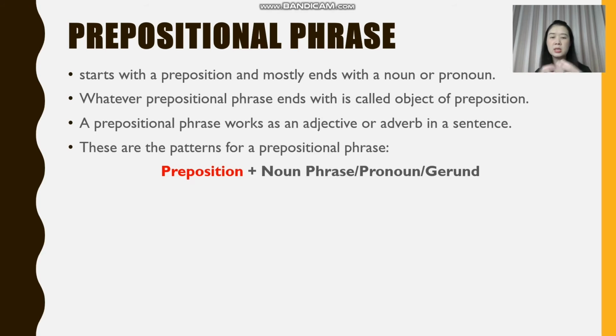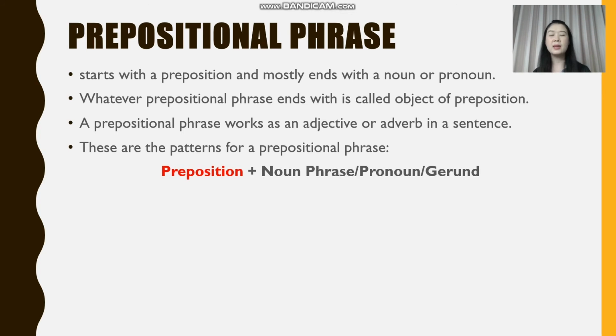Okay, so here is the formula, here are the patterns for the prepositional phrase. We start with the preposition and then it must be followed with a noun phrase, probably like a pronoun or gerund or some kind of possibilities. Okay, but in the sentence we normally use them as an adjective or an adverb.